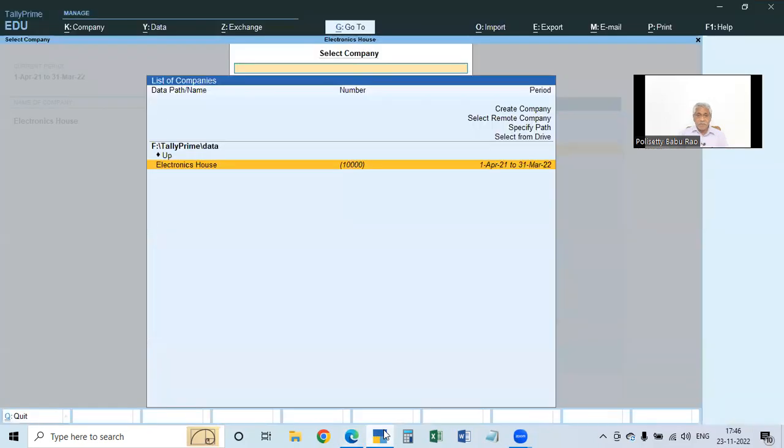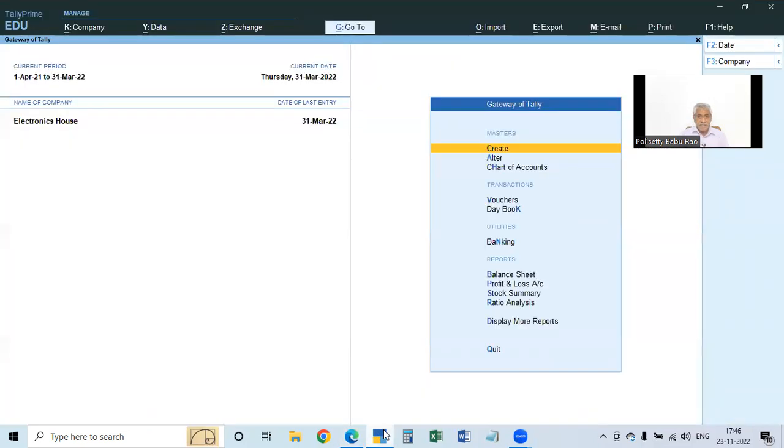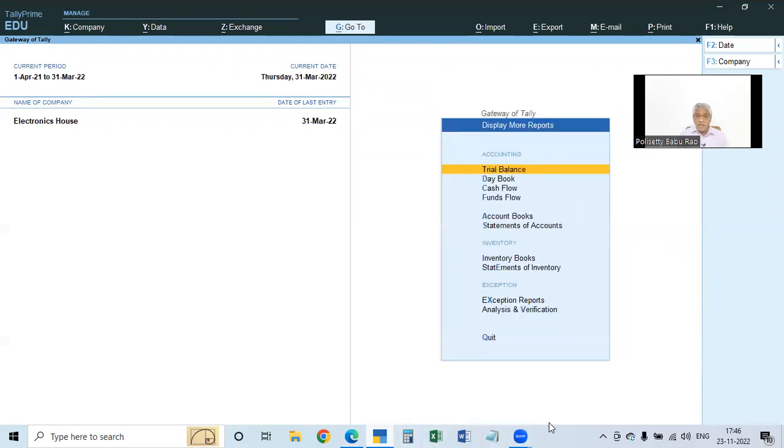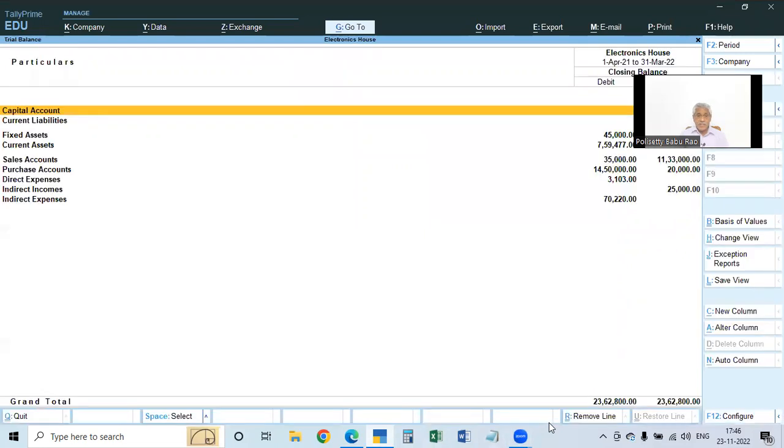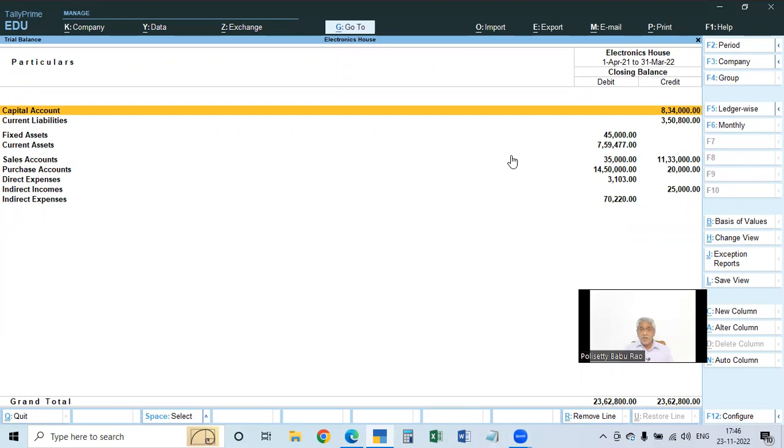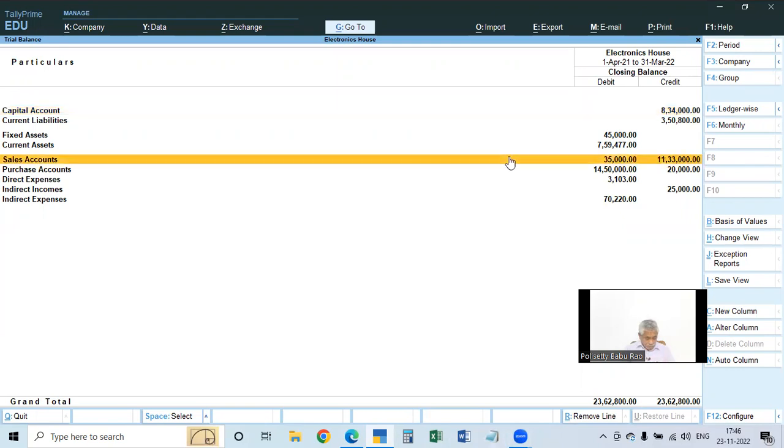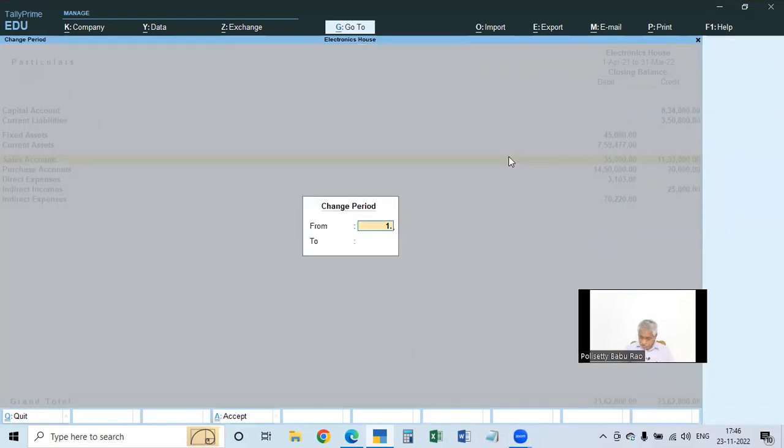How do you read it? In Tally, go to Display More Reports and select Trial Balance. If you take this, we will get the trial balance for the beginning of the year, that is 1st October 2021.